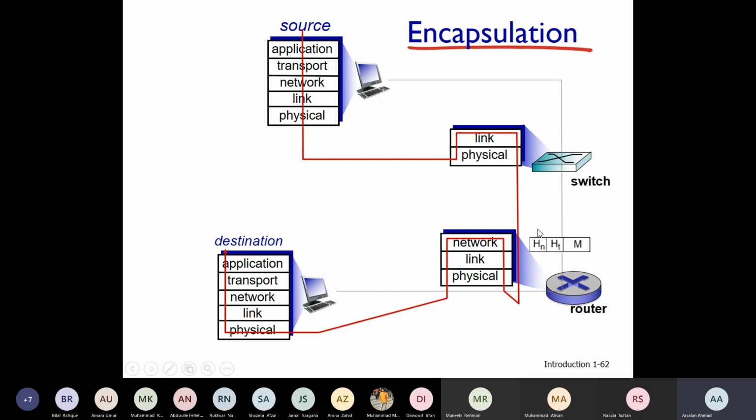When this packet arrives over here, it will move up the protocol stack. The network layer will detach its header, and then the data link layer will detach its header. It's shown over here, the header of the data link layer is being detached.